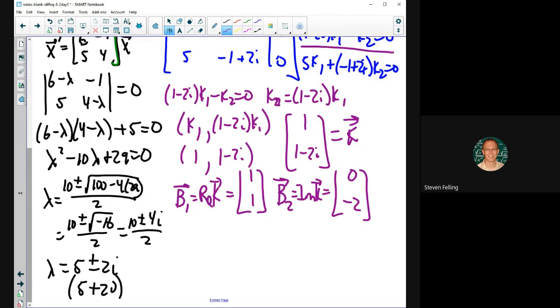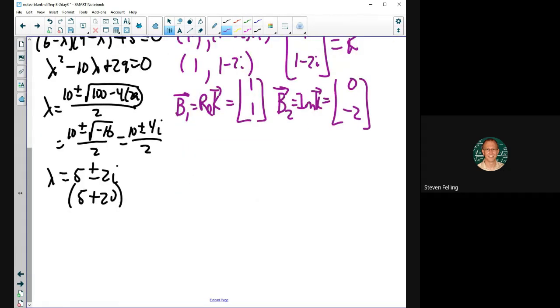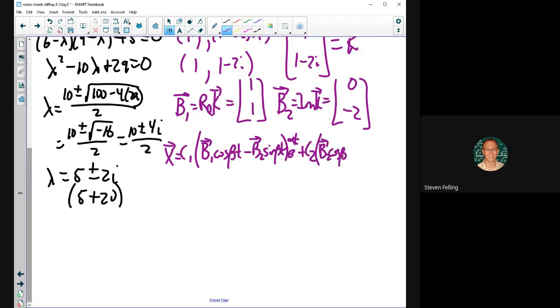Okay, and then we're going to use now basically a memorized structure for the solution. Let me actually write it like this. The solution x is going to be C1 times the B1 vector cosine of beta t minus the B2 vector sine beta t, times e to the alpha t, plus C2 times B2 cosine beta t plus B1 sine beta t, times also e to the alpha t.